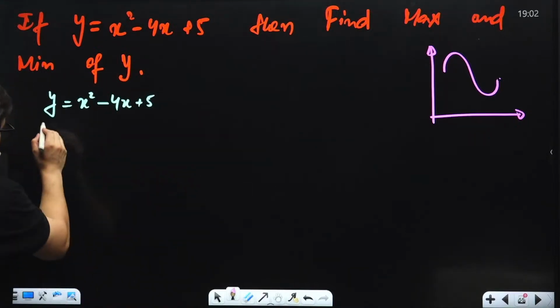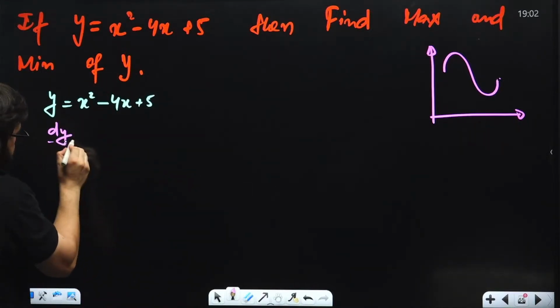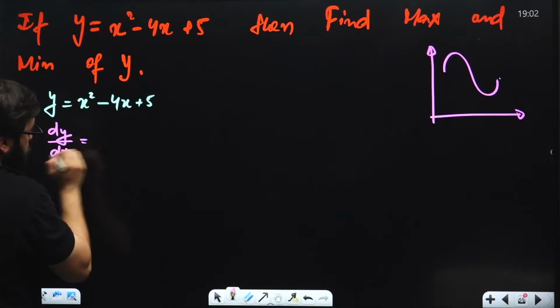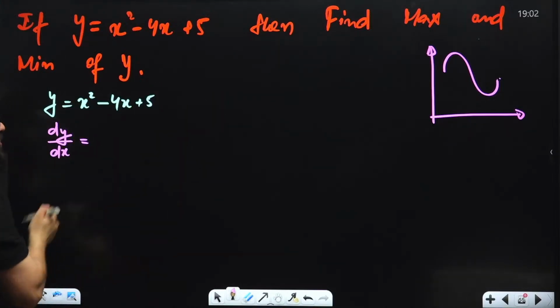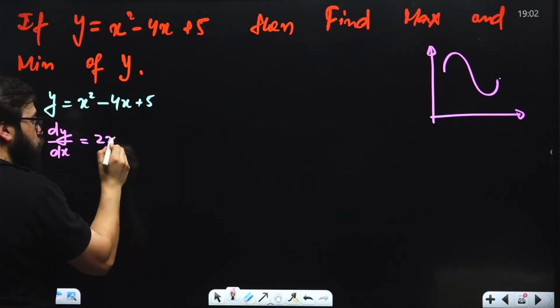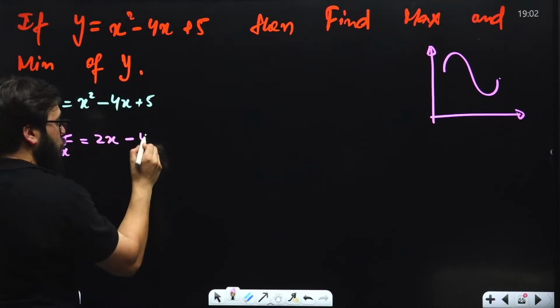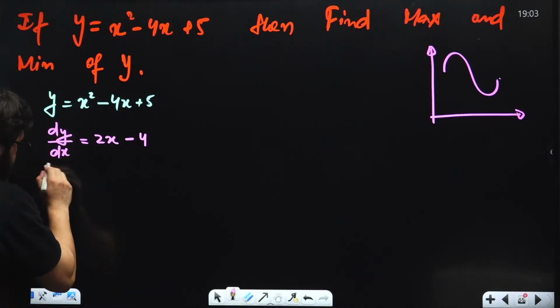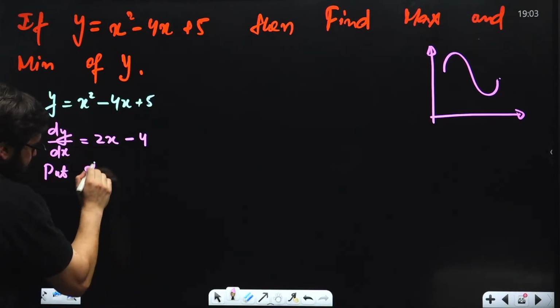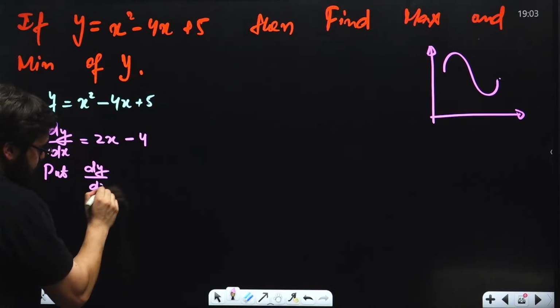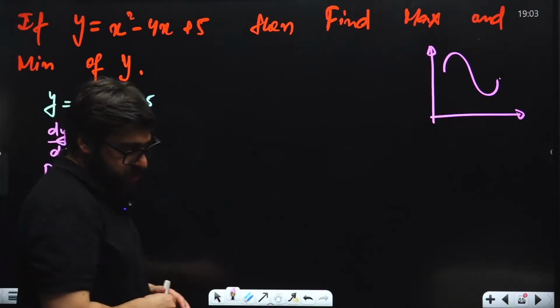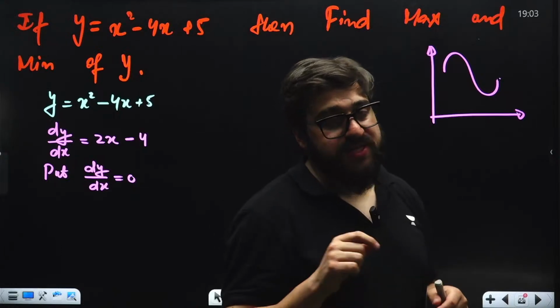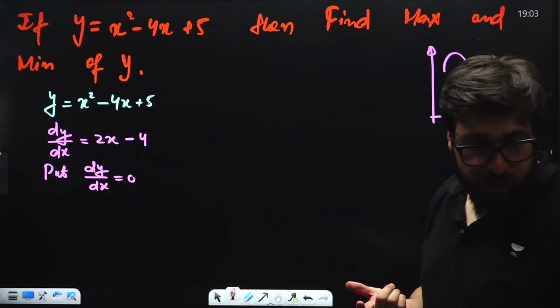In this case, dy by dx is the differentiation of this. For x square, it will be 2x. Minus, for 4x, it is 4. For 5, it is 0. Now put dy by dx equal to 0, because we know in case of maxima and minima, dy by dx is equal to 0.